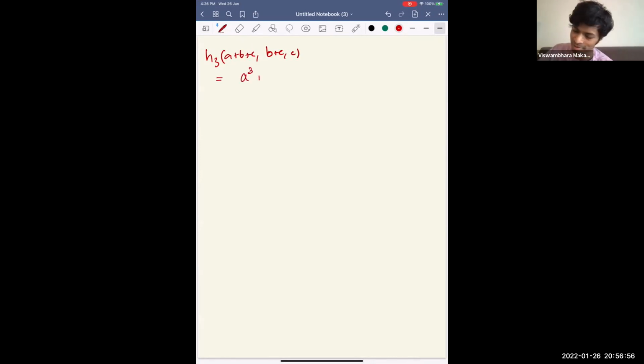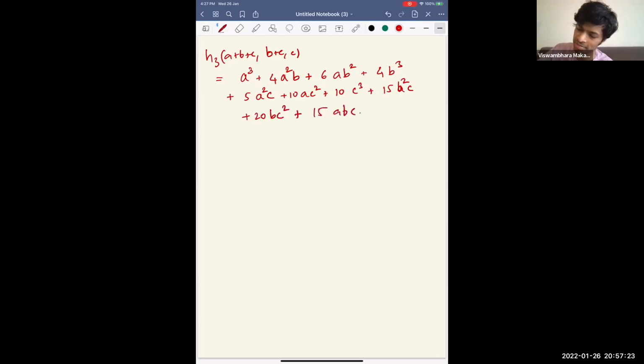A cube plus 4A squared B plus 6AB squared plus 4B cube plus 5A squared C plus 10AC squared plus 10C cube plus 15 B squared C plus 20 BC squared plus 15 ABC. It's a computation. I don't have to justify it. Just do it.